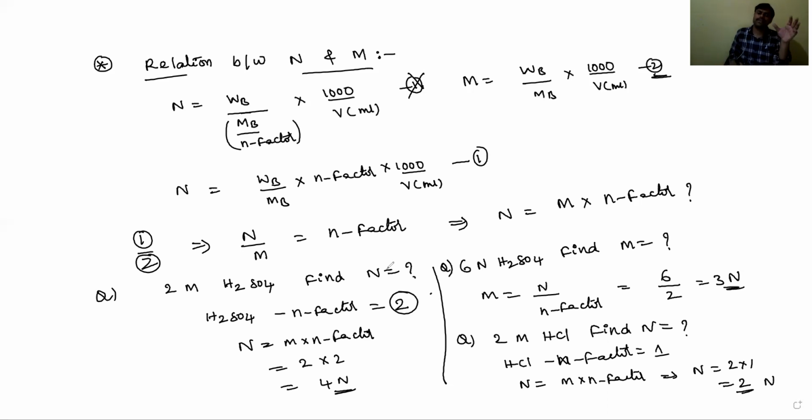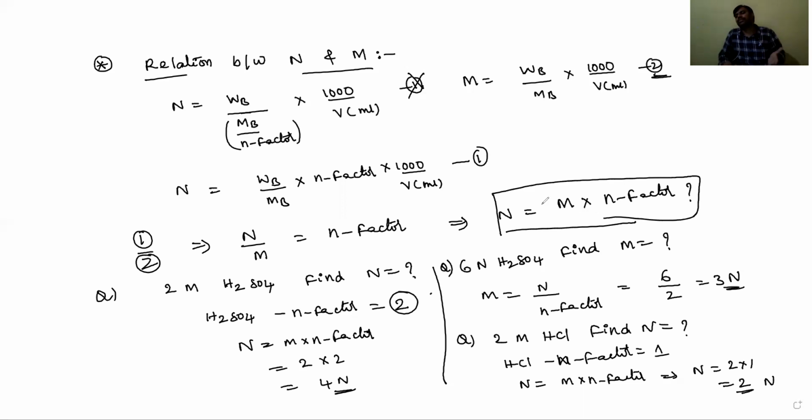In the same way, if the n factor is equal to 1, normality is equal to molarity. If the n factor is other than 1, both are different. For example, NaOH, sodium hydroxide, ionizes to give Na plus and OH minus, so its n factor is equal to 1.